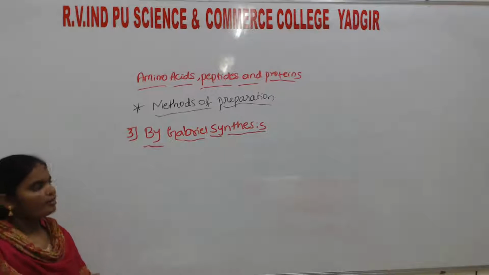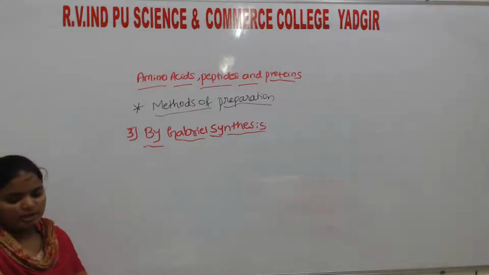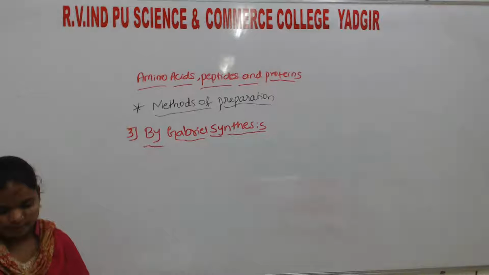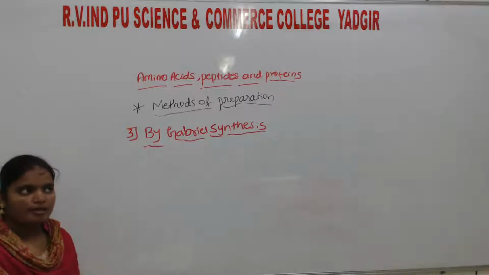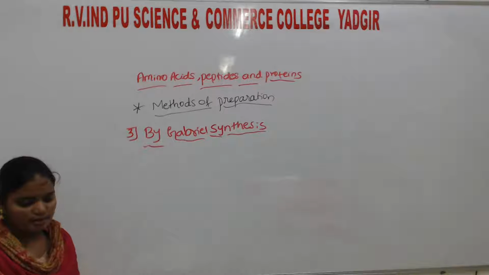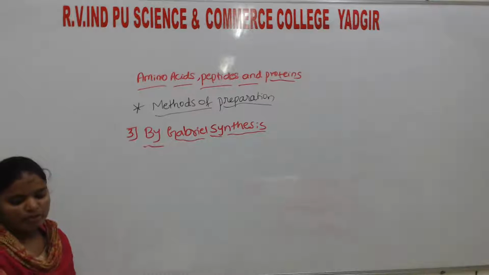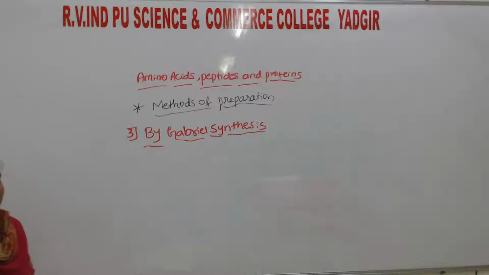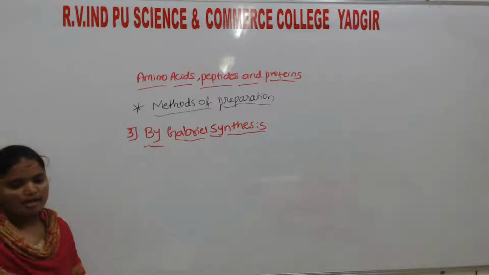The ester of alpha halo acid, for example ethyl chloroacetate, is treated with potassium phthalimide to form the corresponding substituted phthalimide, which on hydrolysis gives phthalic acid and amino acid.